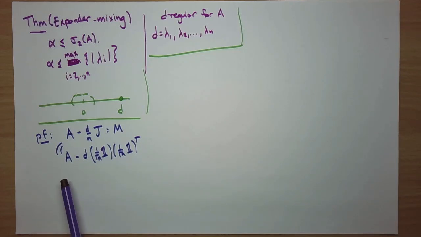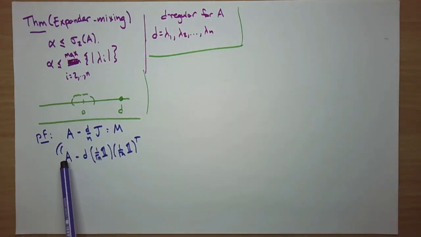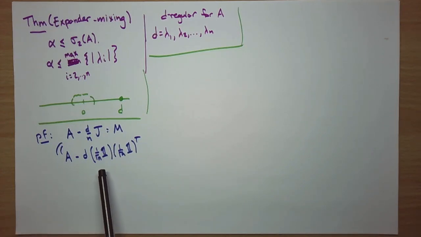Okay, so what's the effect here? What's going on with this matrix? And in particular, compared to the eigenvalues for A, what are the eigenvalues for this matrix M? So one of your eigenvectors is the all ones vector.